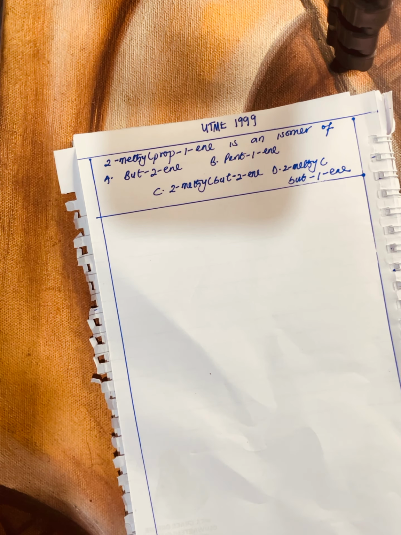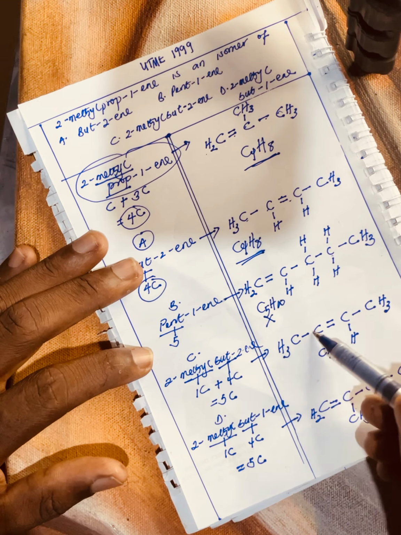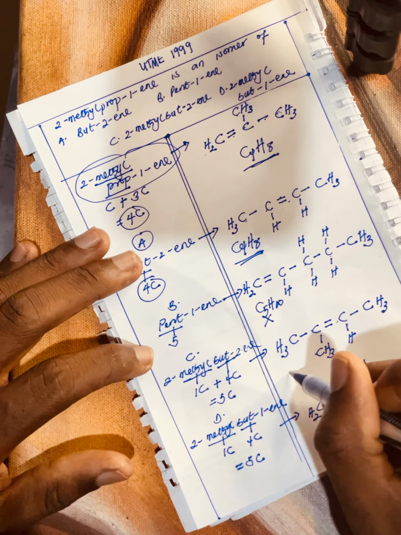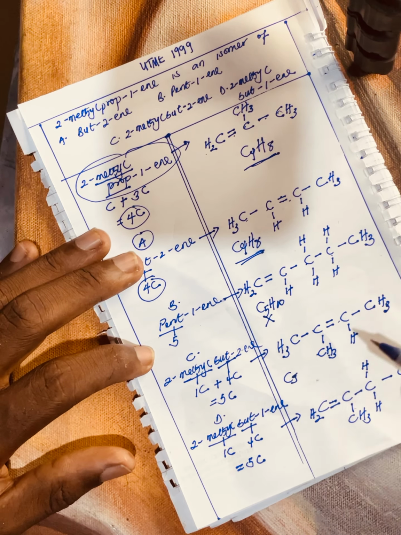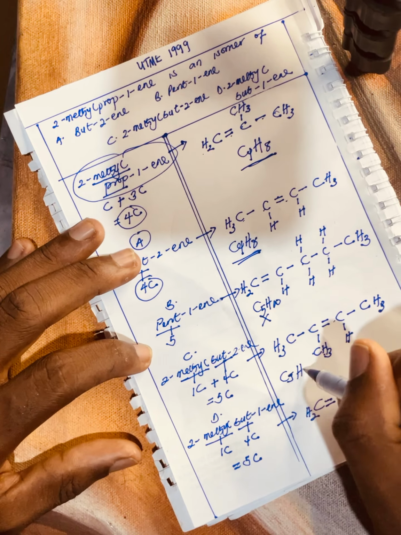But let's look at the others. This is 1, 2, 3, 4, 5, so this has 5 carbons. That makes it wrong already. If you count the hydrogens, 2, 3, 4, 5, 6, 7, 8, 9, 10, that's 10 hydrogens. That makes it wrong. Then this is 1, 2, 3, 4, 5, 5 carbons. Then the hydrogen is 3 plus 3, 6, plus 3, 9, plus 1 more, which is 10.